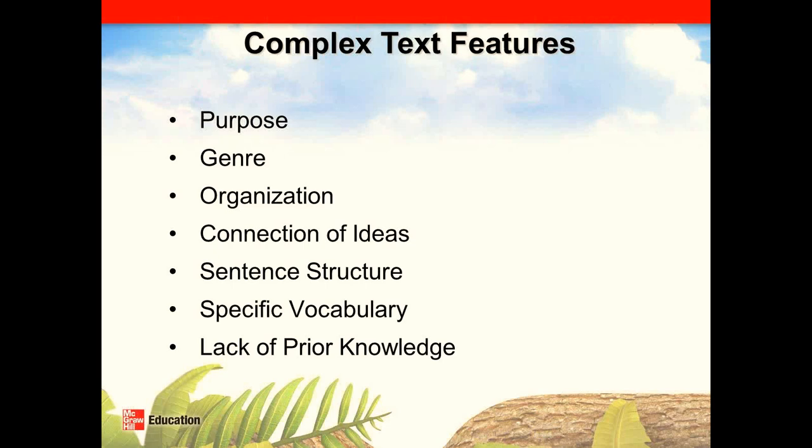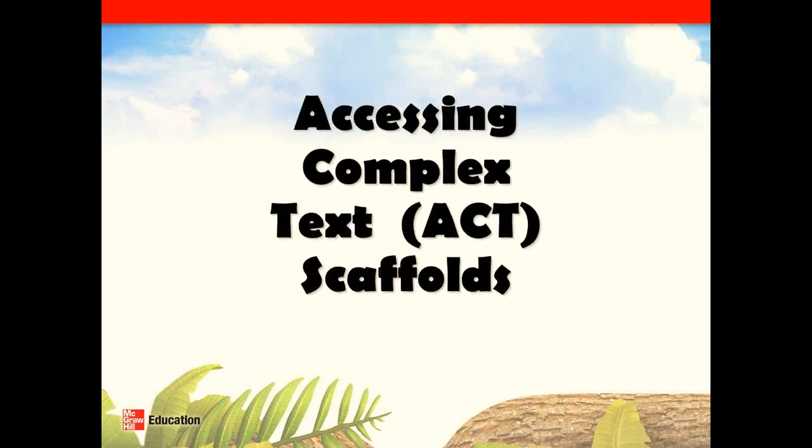And here's the list: purpose, genre, the organization, connection of ideas, sentence structure, specific vocabulary, and if there's a lack of prior knowledge. If you listened to that Tim Shanahan video and you have a list, you probably see the same list that you see here.